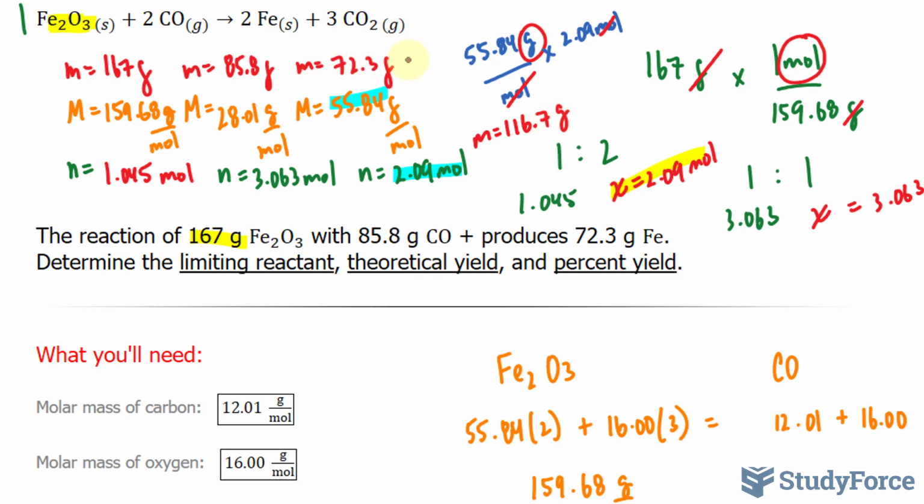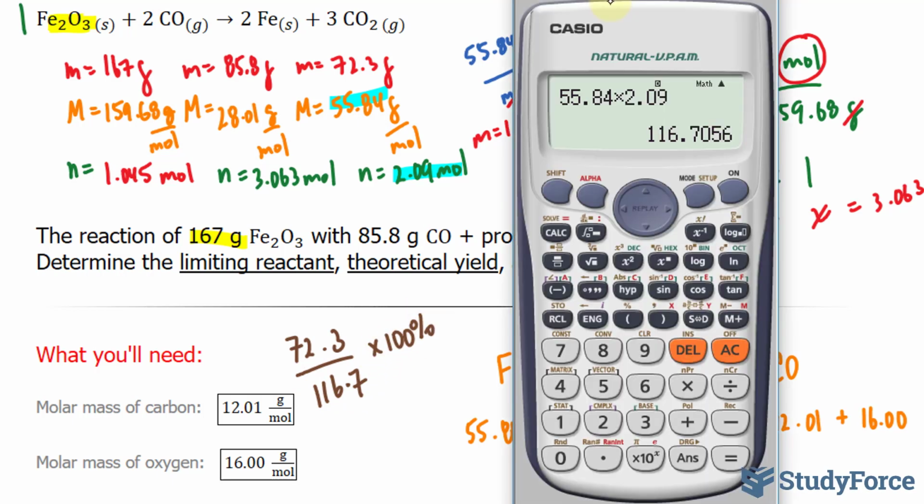We know the actual. We can now find the percent yield by taking the actual divided by the theoretical and then multiplying by 100. I'll show my work over here. So I have 72.3 divided by 116.7 times 100%. You have 72.3 divided by 116.7.